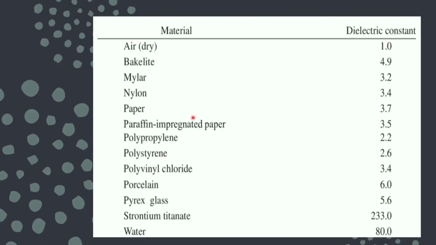For paper it is 3.7, for water it is 80, for glass it is 5.6. All these materials behave like dielectrics, and that is why we talk about the dielectric constant, but air is taken as the reference material. So we have taken the value 1, and with reference to that the dielectric constant, of course the relative permittivity, of the different materials has been calculated.